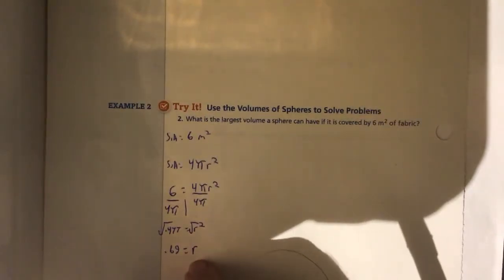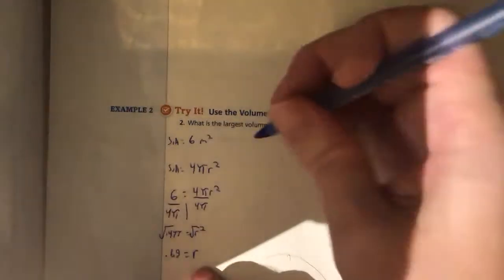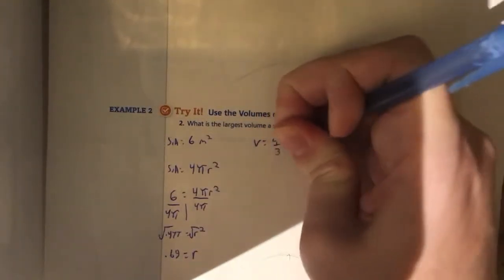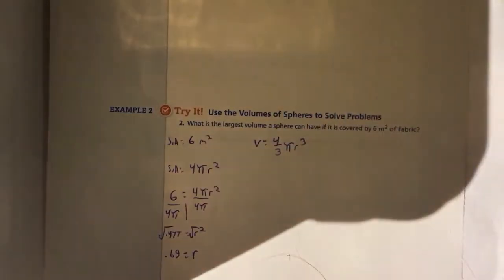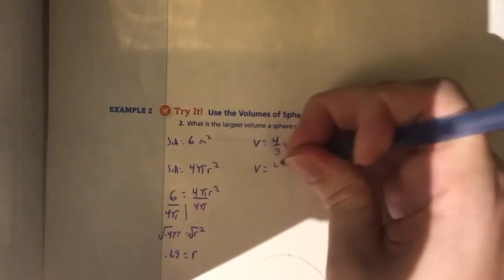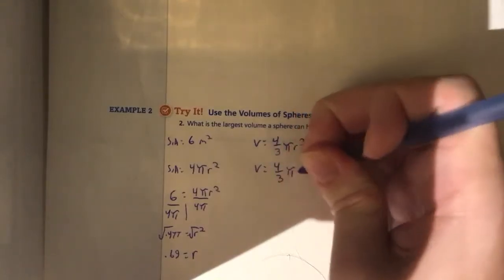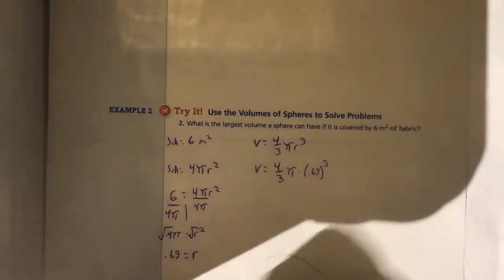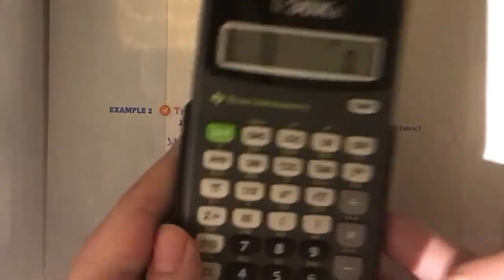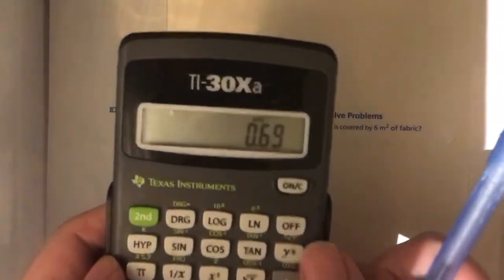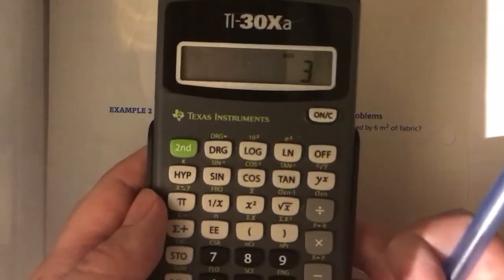So now, given that I have the radius, I now can use my volume formula, 4/3 pi r cubed, and solve for volume. So in this case, all I need is my radius, which I just figured out, substitute it in. So 4/3 pi r cubed. Order of operations, I do the cube part first, so 0.69, y to the x 3, so to the third power.